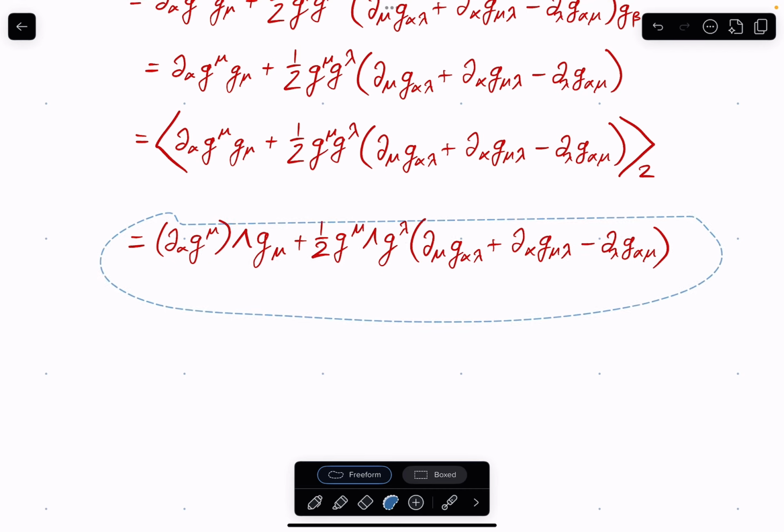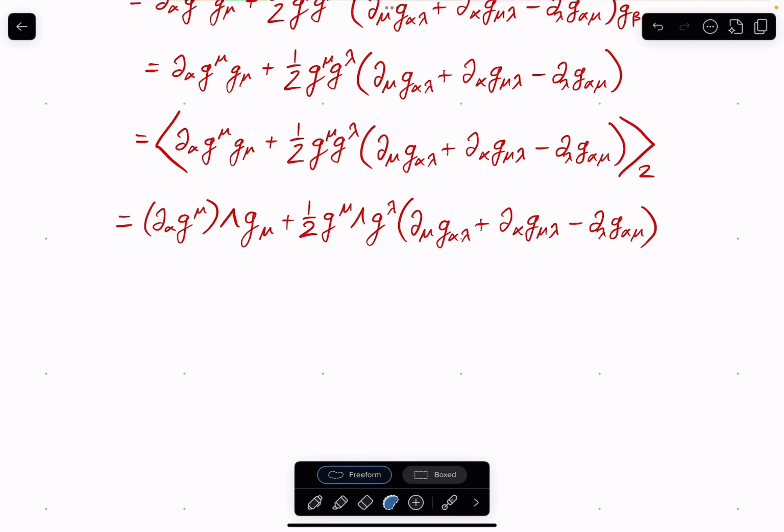And that is it for selecting the grade 2.